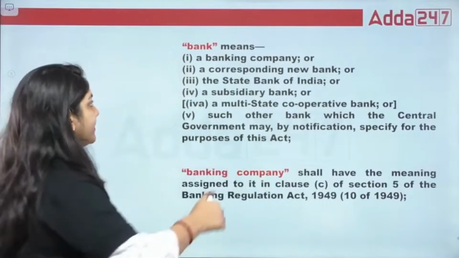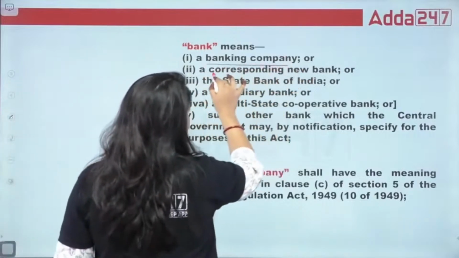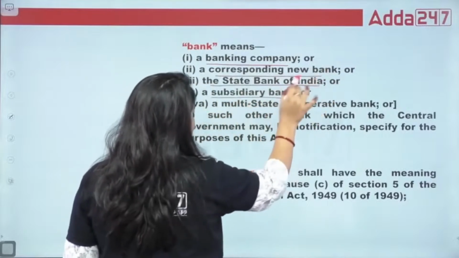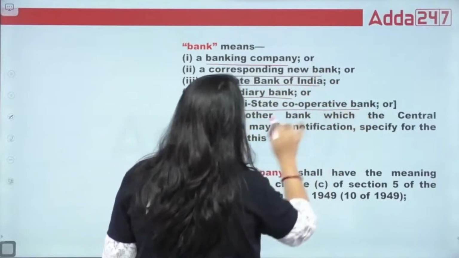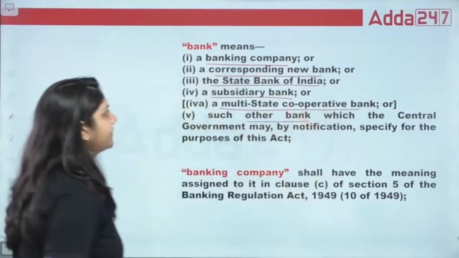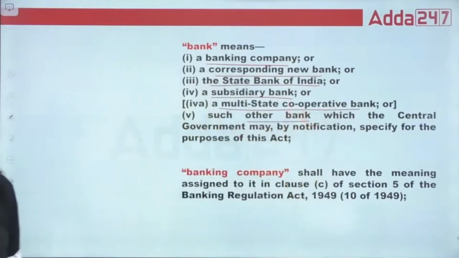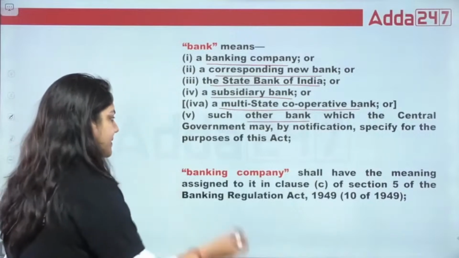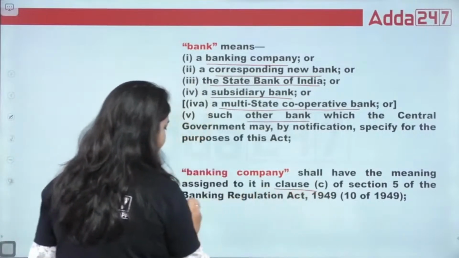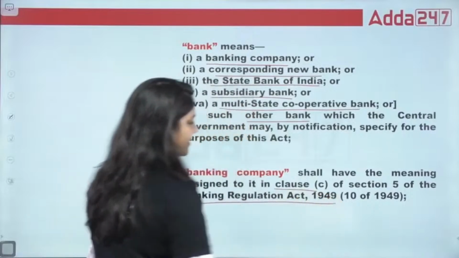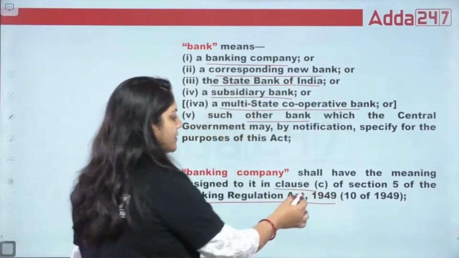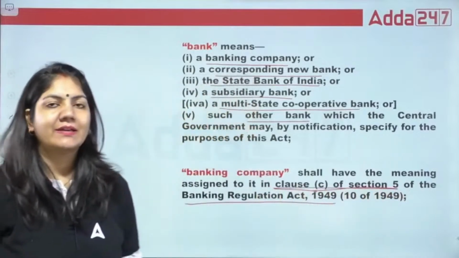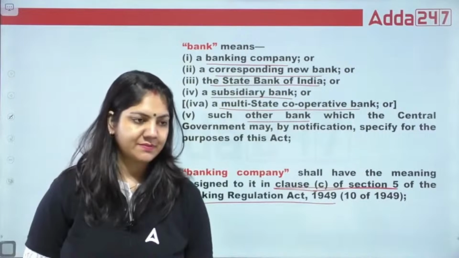So the bank includes banking company, corresponding new bank, State Bank of India, subsidiary bank, multi-state cooperative bank, or other bank. This is the bank. Done. Banking company, same definition that we have read in the Banking Regulation Act, Clause C of Section 5, Banking Regulation Act 1949. That's it.